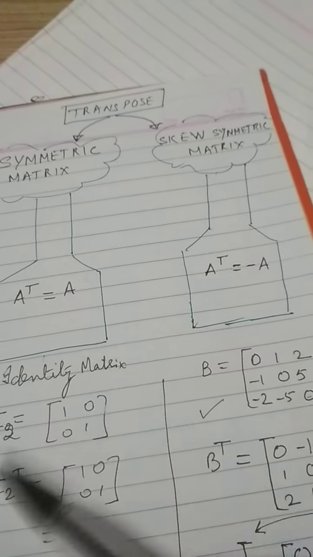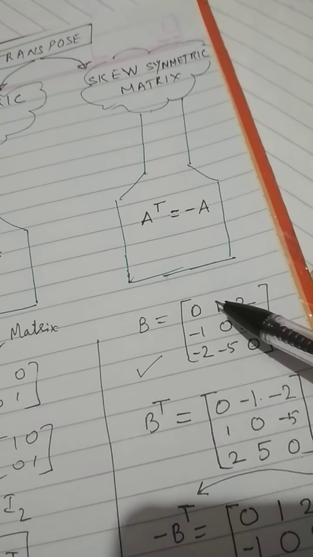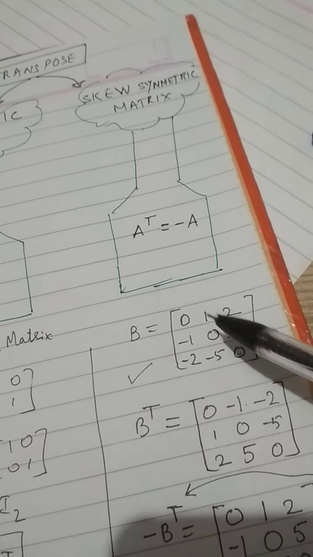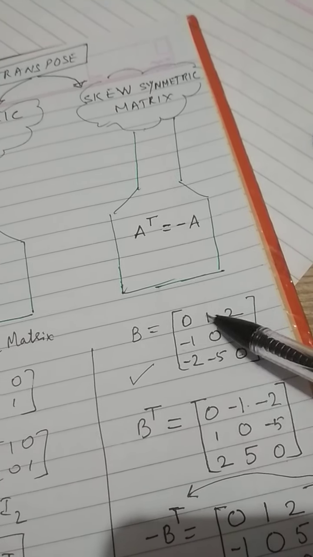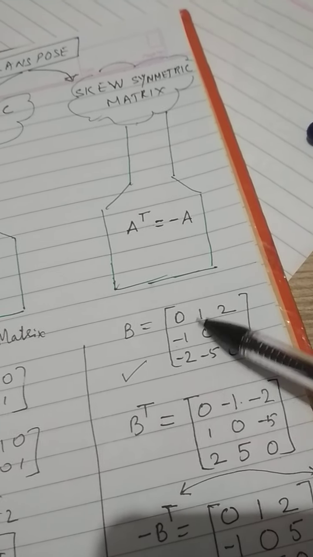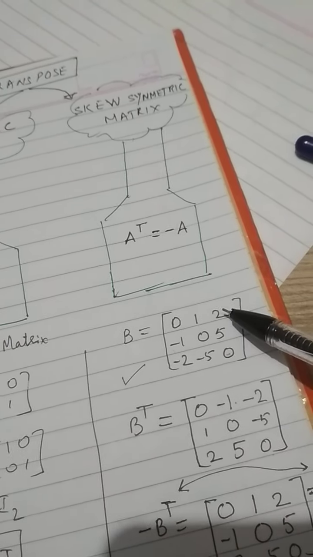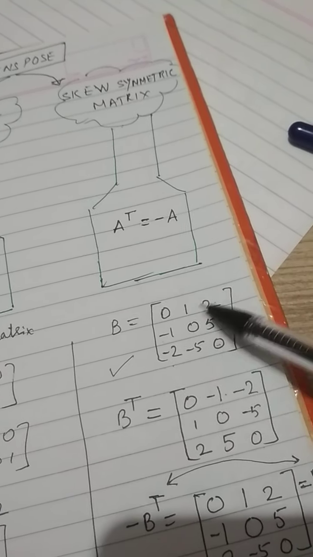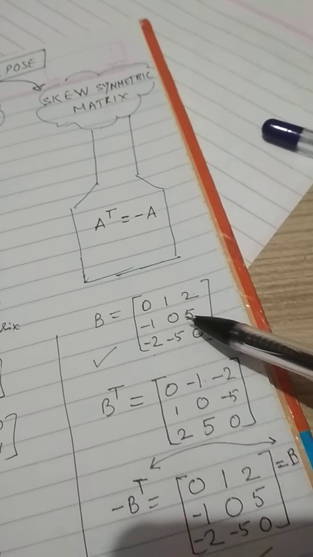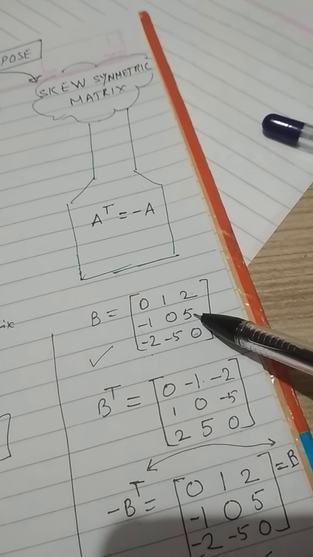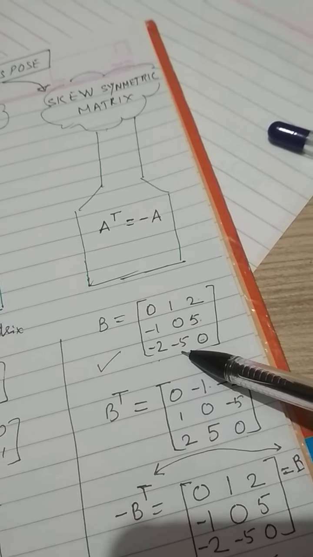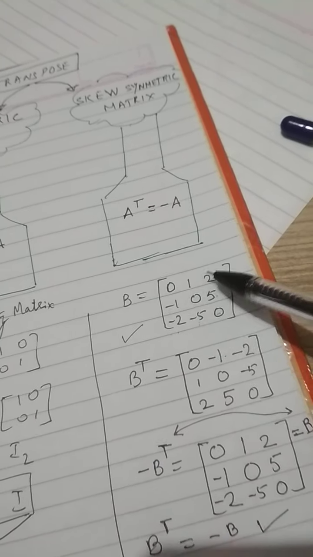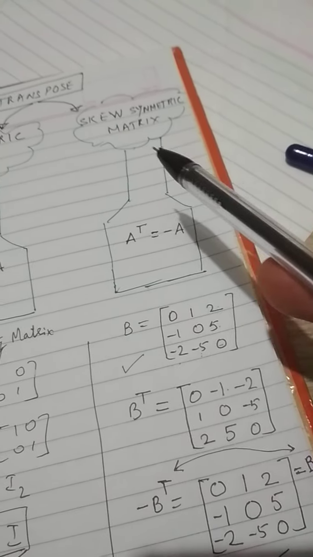Here in the skew symmetric matrix, across the diagonal, the elements are negative of each other. If this is 1, it's minus 1. First row, third column and third row, first column have opposite signs. Similarly, second row, third column and third row, second column have opposite signs. This is a very good observation when you consider a skew symmetric matrix.